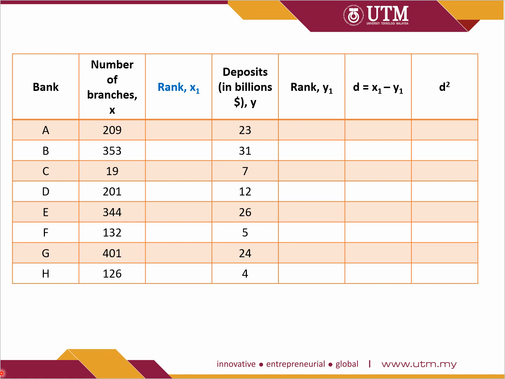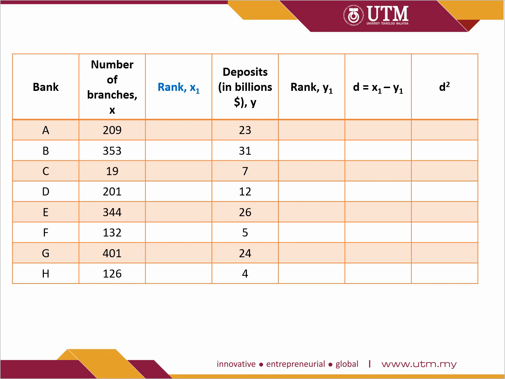First step is that we have to find the rank for the independent variable and also for the dependent variable. The order of the scores for the rank is from smallest to greatest. We assign rank 1 to the lowest score, 2 to the next highest, and so on.